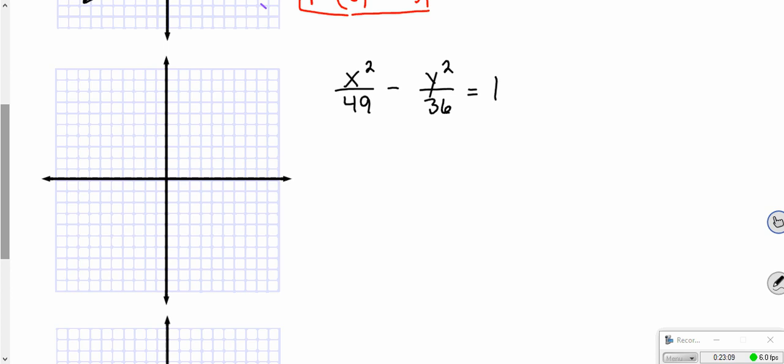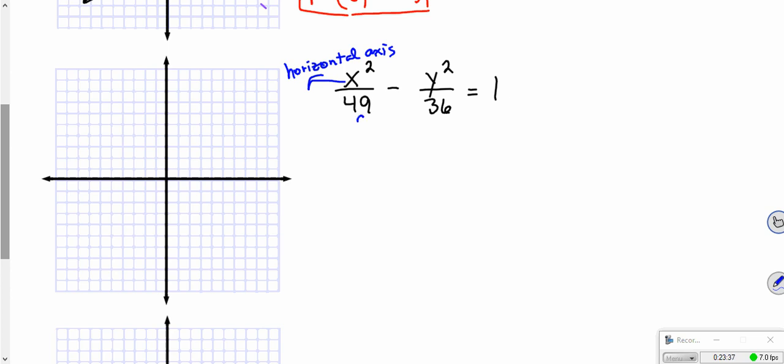Once again, right off the bat, this tells me that it is a horizontal axis because we started with an x squared. X squared is like your run. Obviously, your x-axis is horizontal. So because the x squared is in front, I know my transverse axis is horizontal.